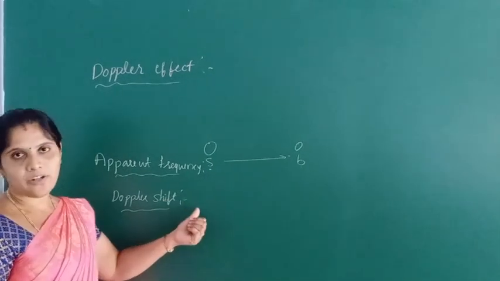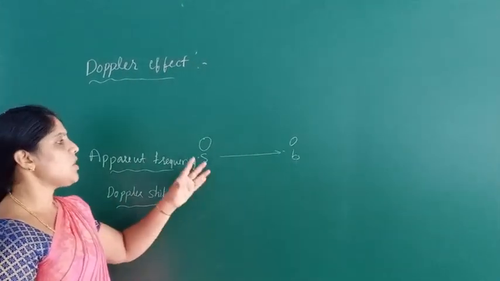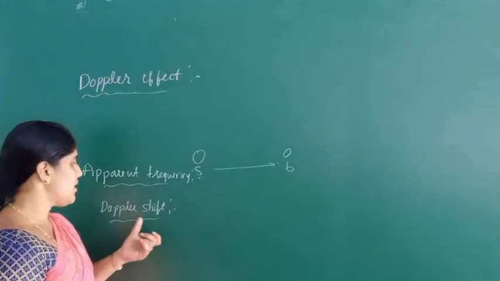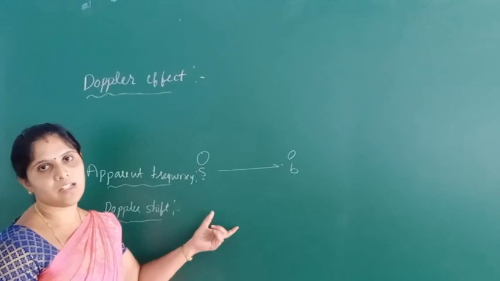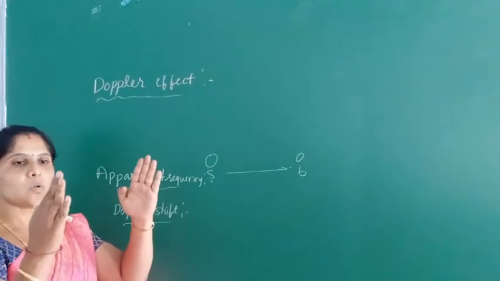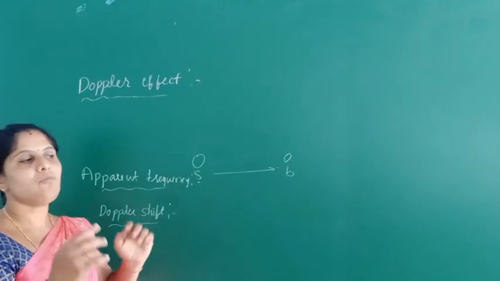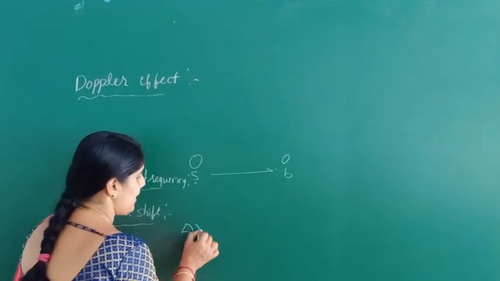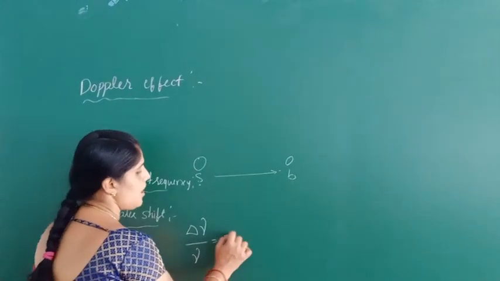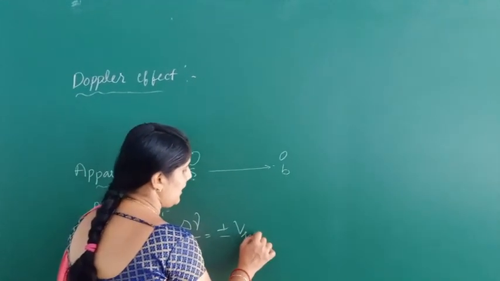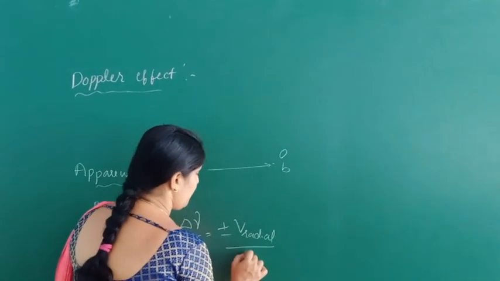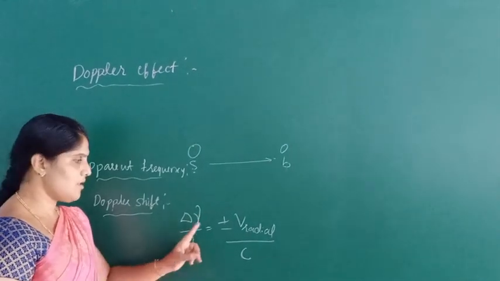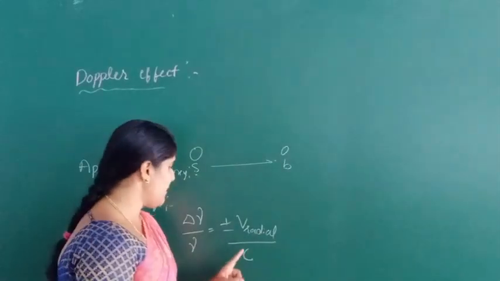Okay, Doppler shift. The changing frequency of the light when the source and observer are in relative motion is known as Doppler shift. This Doppler shift is given by delta mu by mu equal to plus or minus v radial by c.